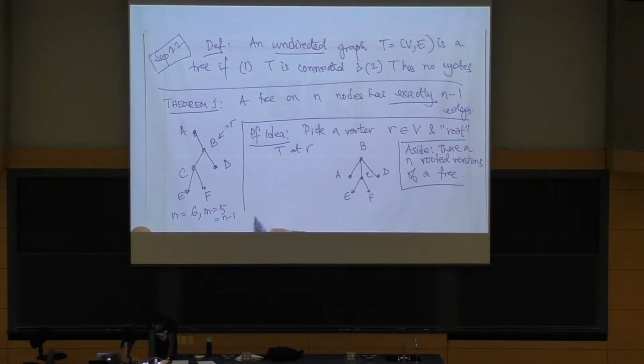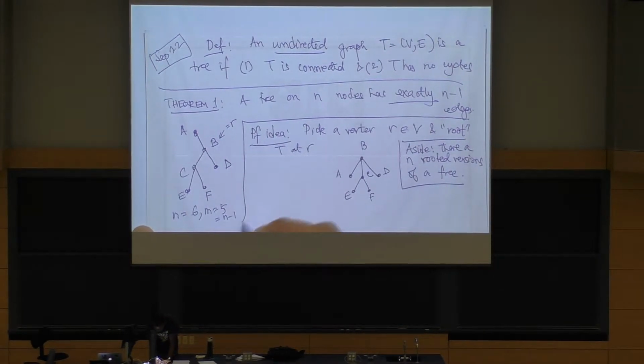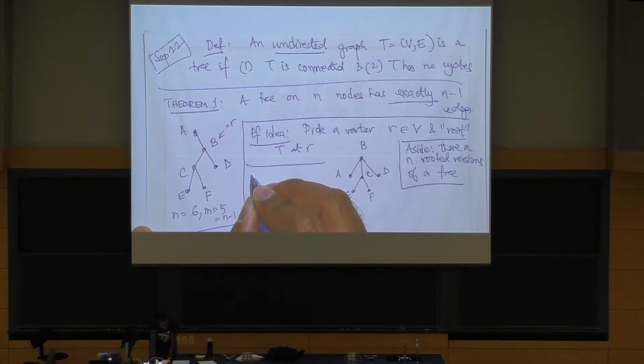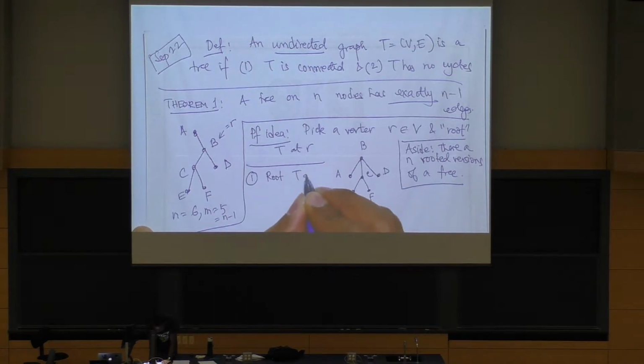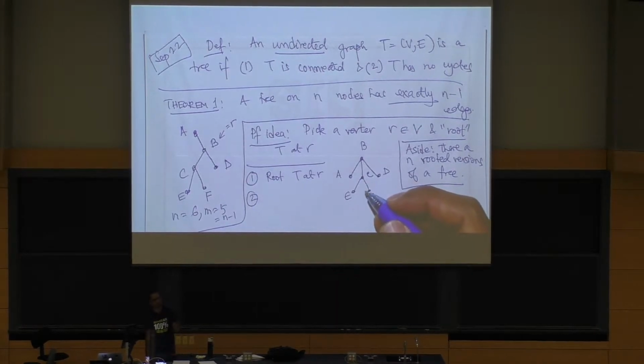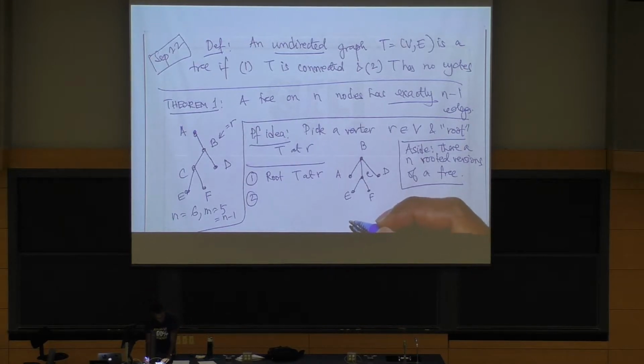Okay, so there's a procedure that I'll start over here again. So I'll just repeat this part. You root T at R. And now notice once you have rooted things, if you look at any edge, let's say EC, then C is closer to B than E. Again, if you hang things up, something's going to be closer to the root and the other endpoint is going to be farther away.